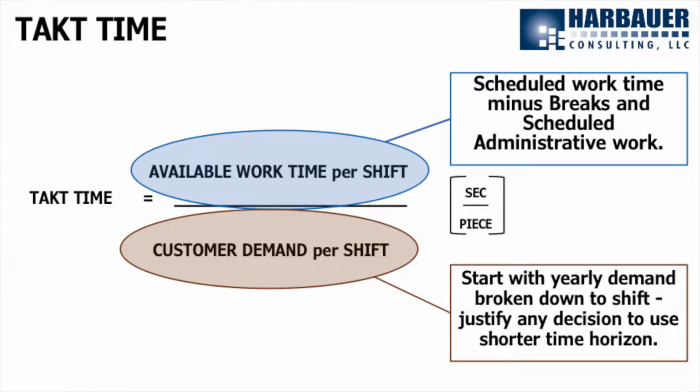The intent of the takt time is to answer the question, hey, if I have the perfect customer base, so there's no variability, they have the perfect demand rate, and they're pulling one unit of production at a certain pace, whatever that is, what is that number and what does that look like? And why is that so important? Why does that help us? How can I use that number?